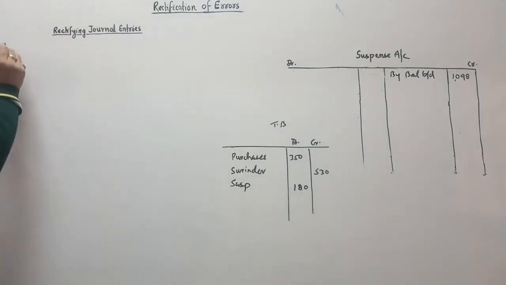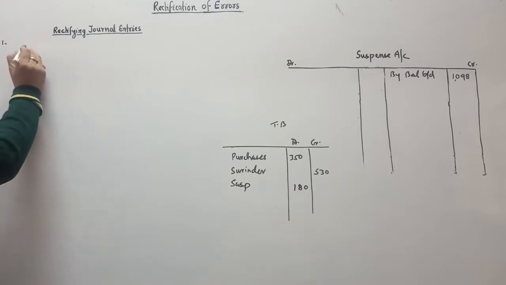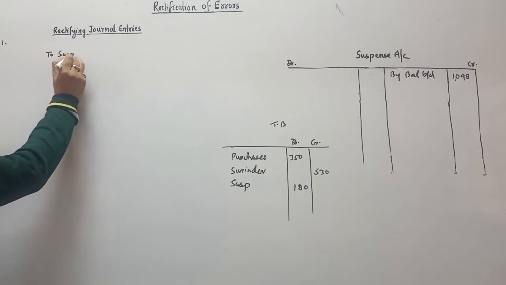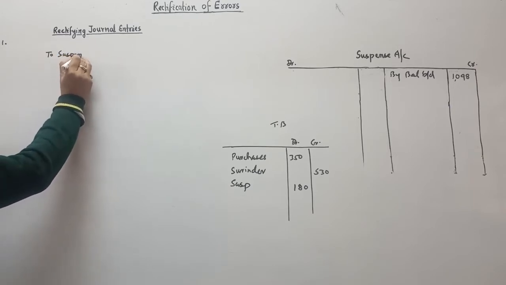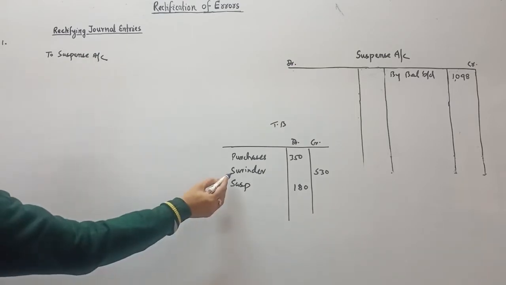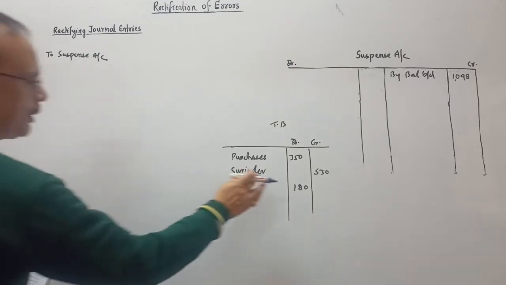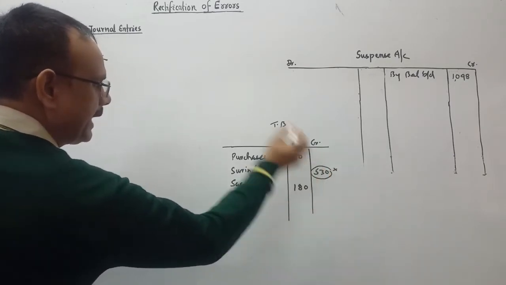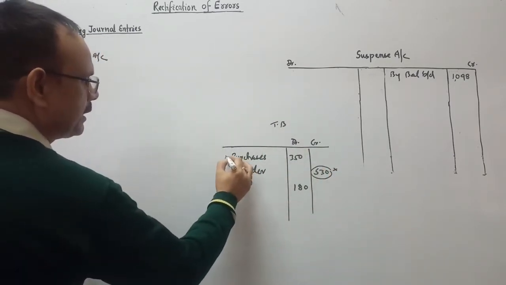So first we have to rectify the first entry. Suspense will be cancelled. Suspense will be credited by us to cancel it. Suspense account credit, and we will debit Surinder's account because in his account we have written the excess. There is no mistake in the purchase account.